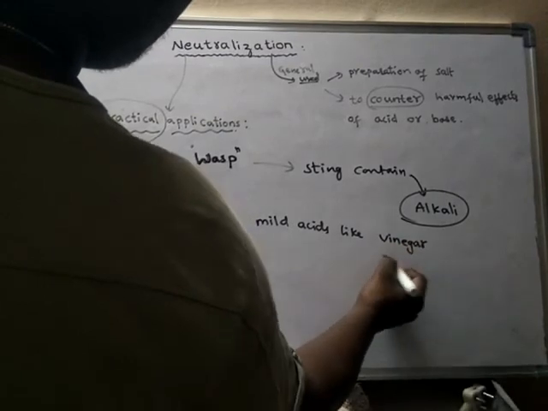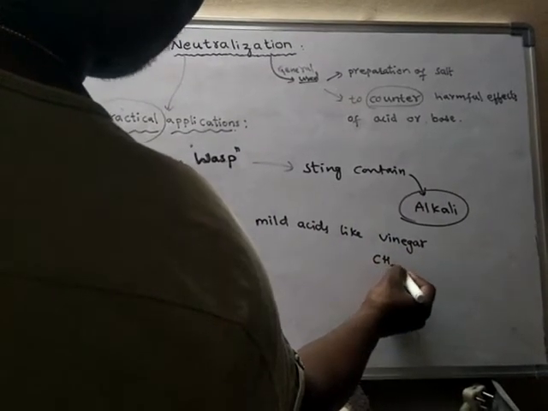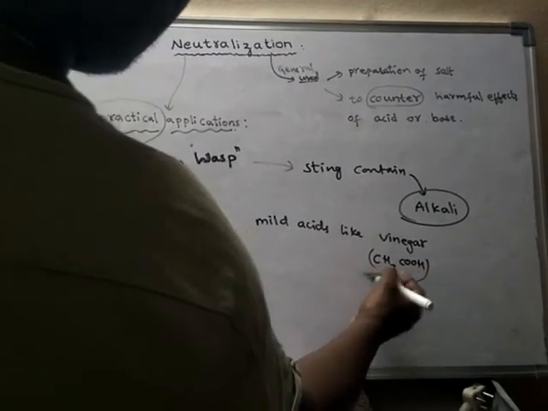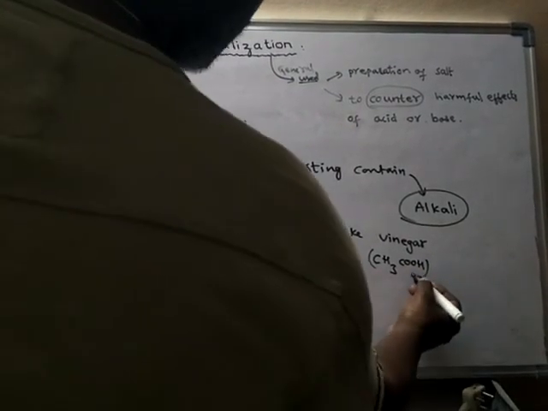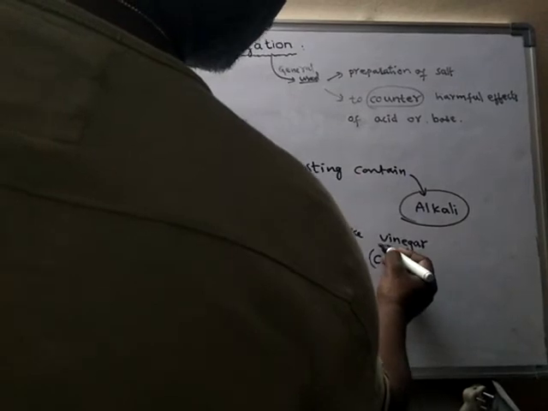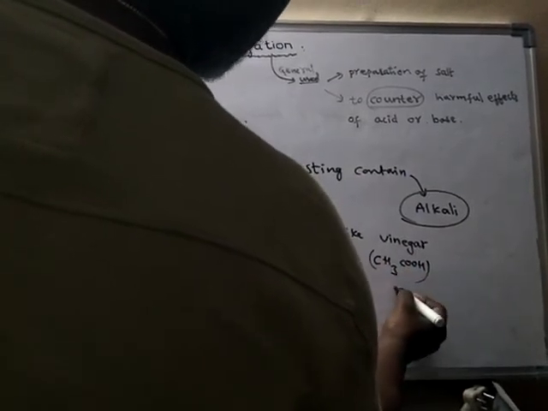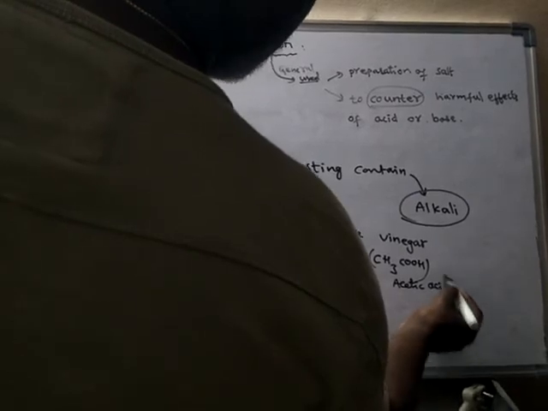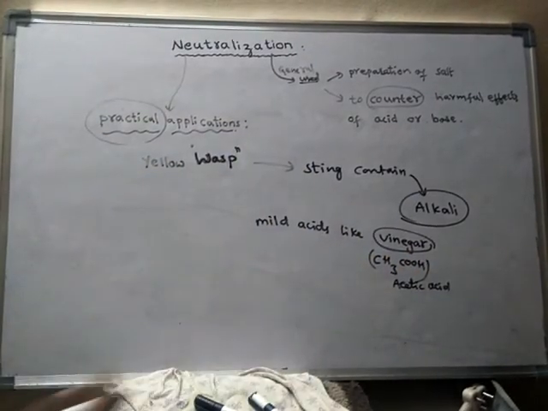Actually, what does vinegar contain? Acetic acid. Already we learned this: CH3COOH. Vinegar contains this acid. What is the name of this acid? Acetic acid. So apply some vinegar on the affected area so that we will get some relief.